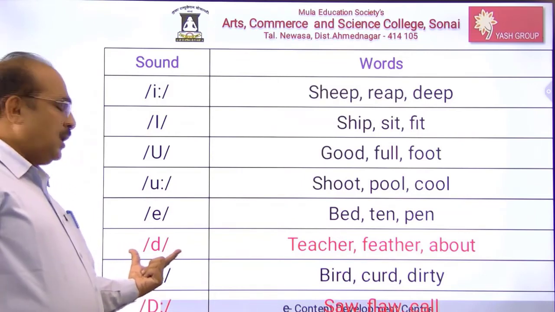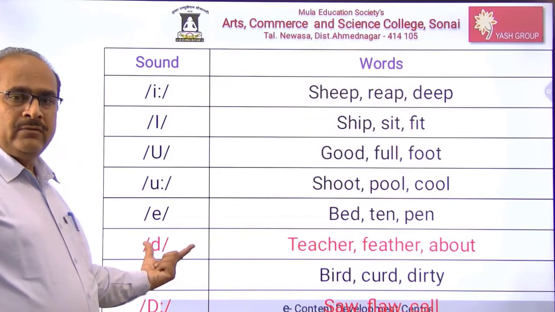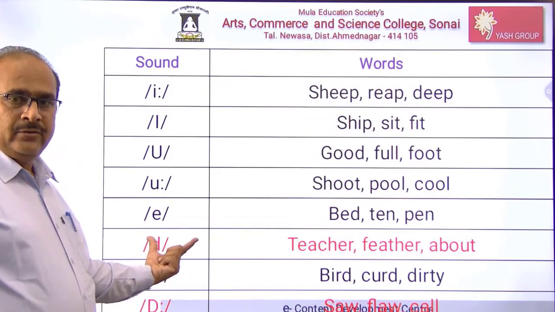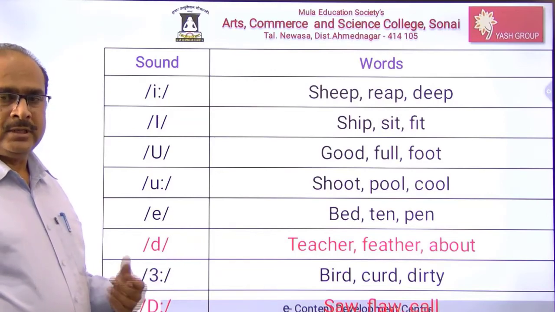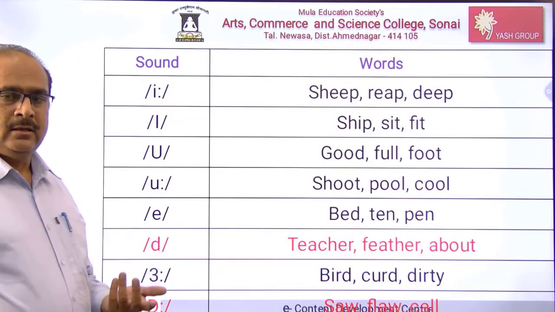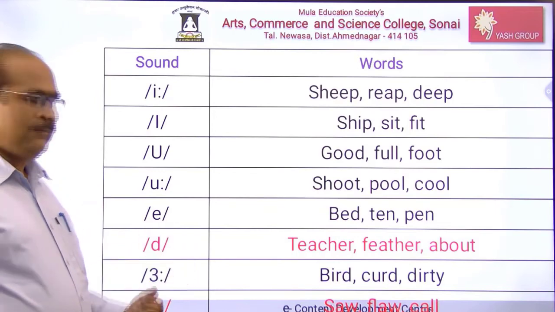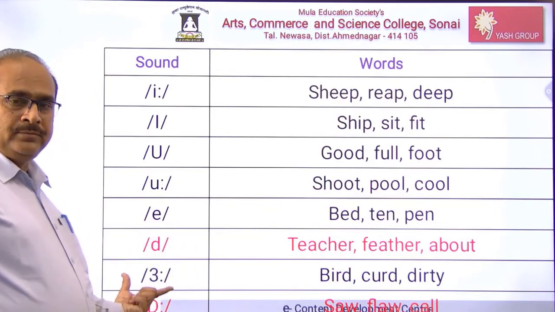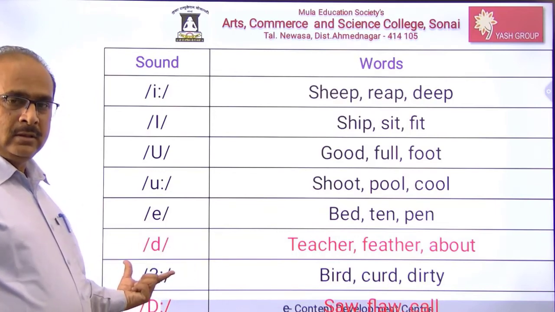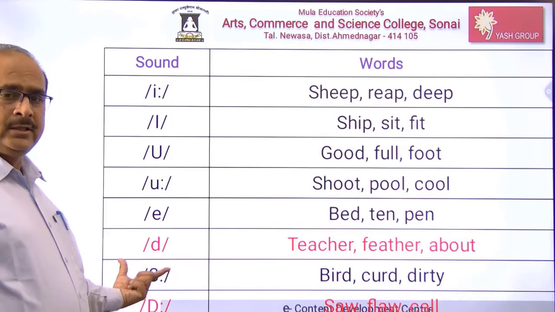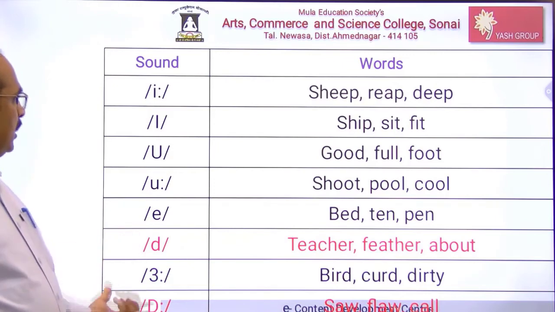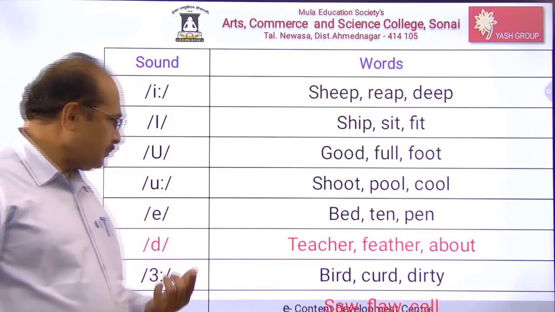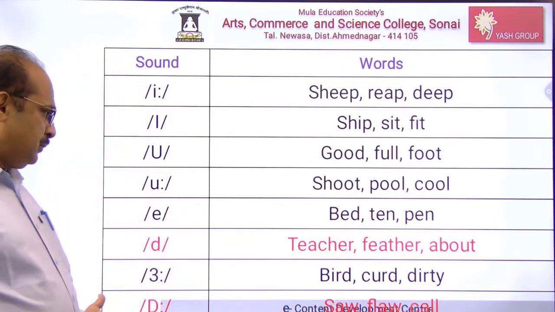Then this is a sound that can be found in words like teacher, feather, about. As you notice, when the r sound is made silent, this sound occurs. This is a long sound, as in bird, curd, dirty, and these are altogether 8 vowel sounds, right?